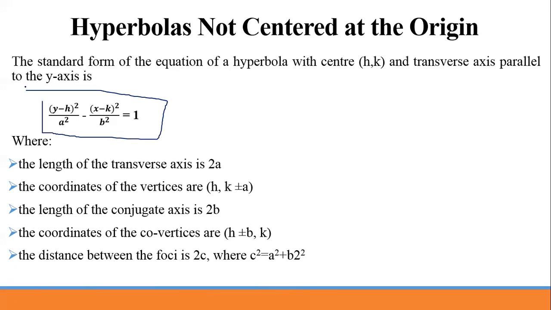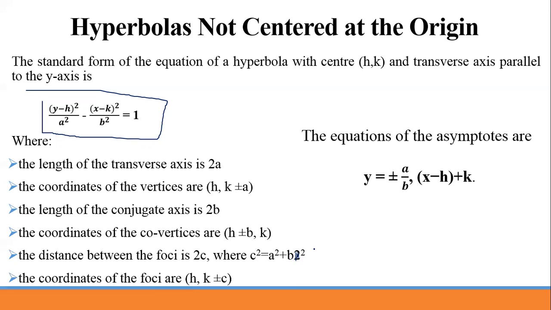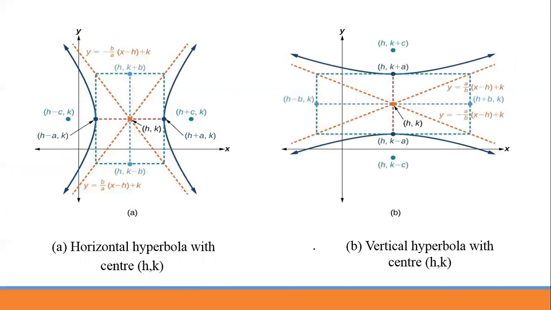The distance between the foci is 2c, where c squared equals a squared plus b squared. The coordinates of the foci are (h, k plus or minus c). Using this reasoning, the equations of the asymptotes are y equals plus or minus a over b times (x minus h), plus k. And those are the horizontal and vertical hyperbolas with center (h, k).